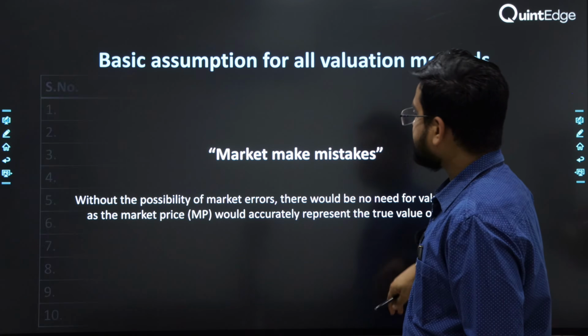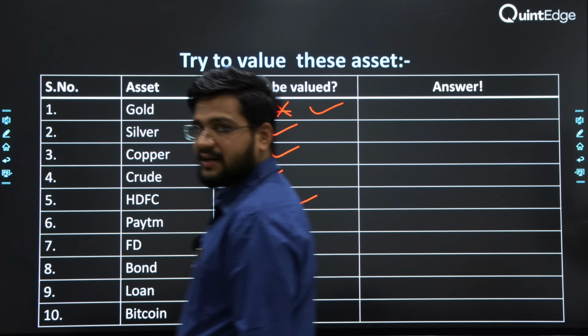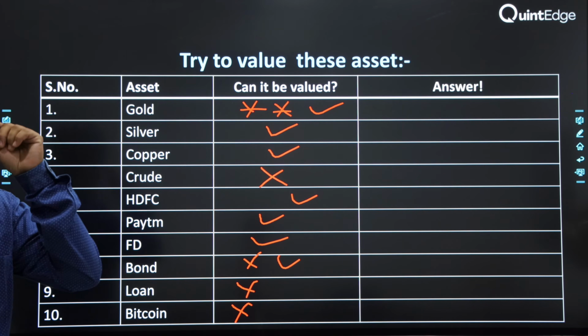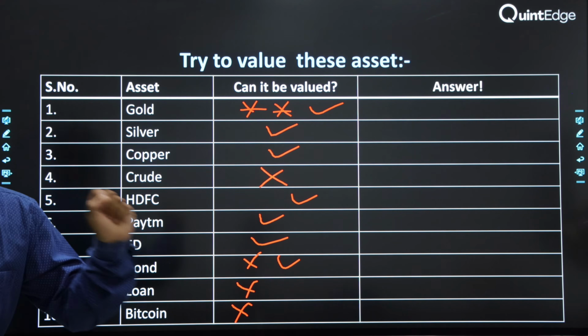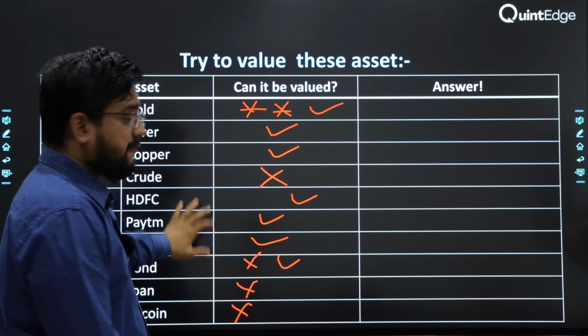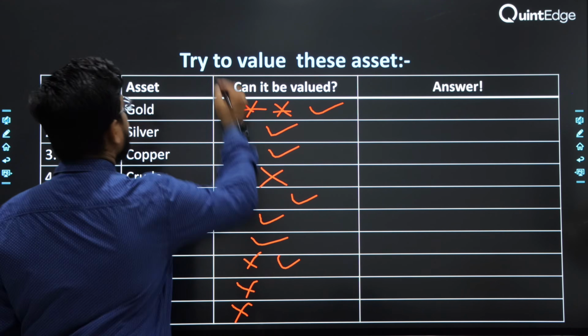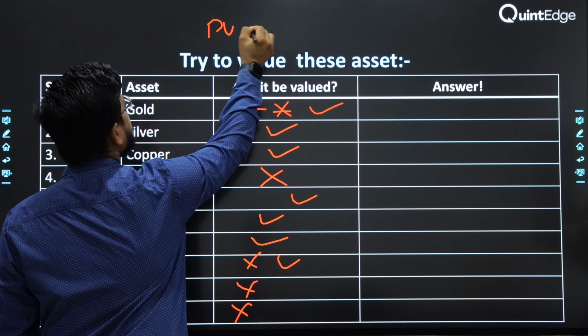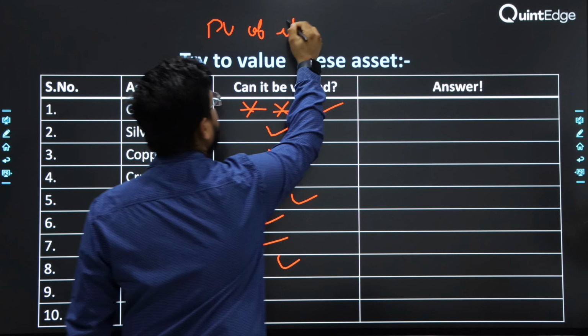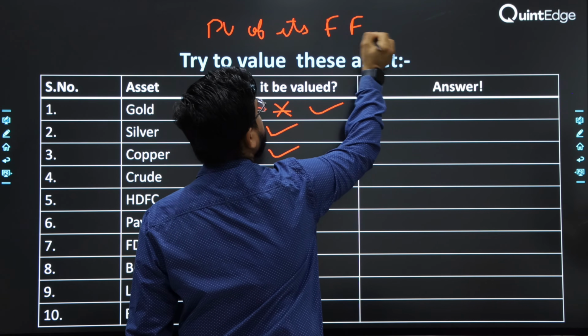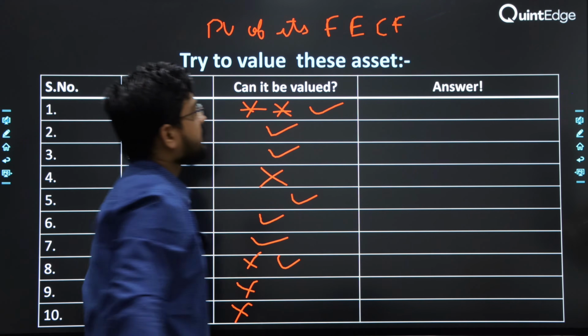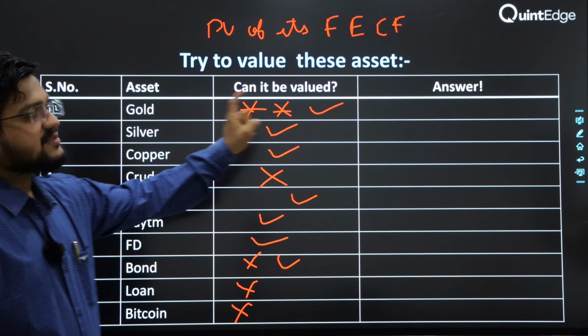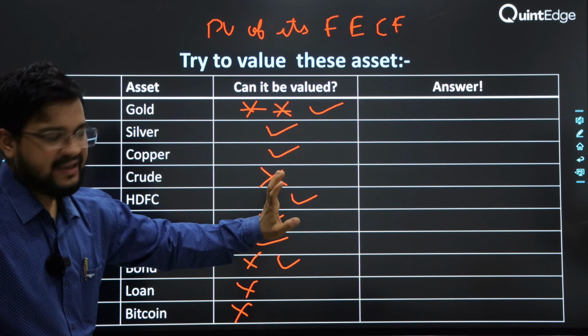Now, let's discuss this part. When I asked you to calculate the value of any asset: as per modern finance, the value of any asset is the present value of its future expected cash flows, FECF, which is different from free cash flows.